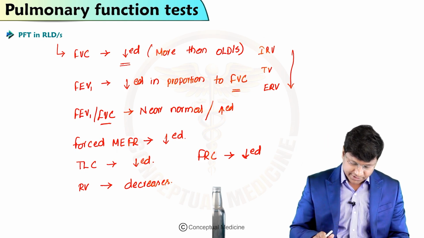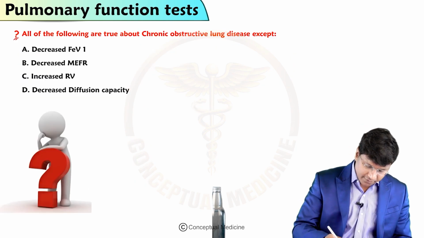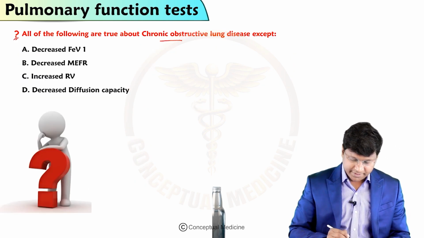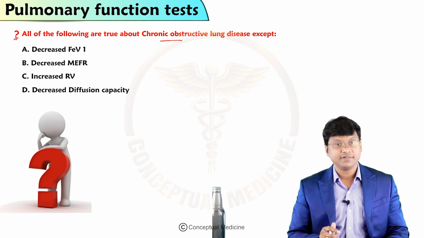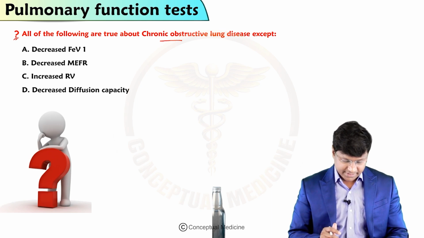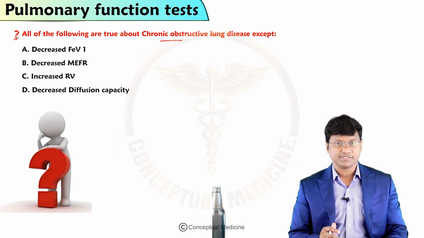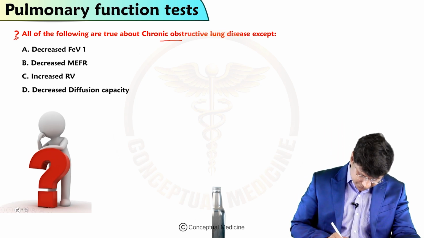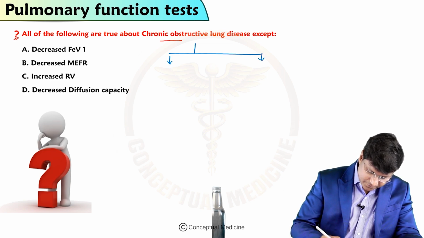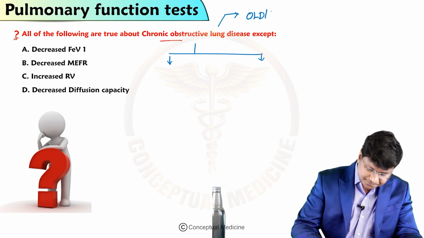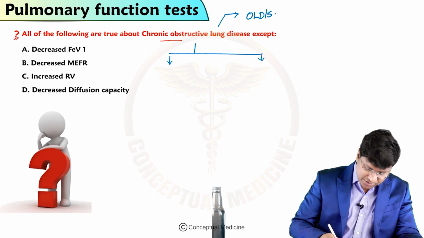Now, if you see a question here: all of the following are true about chronic obstructive lung disease except decreased FEV1, decreased mid-expiratory flow rate, increased residual volume, decreased diffusion capacity. Now, chronic obstructive lung disease has two important subtypes. First of all, it is an obstructive lung disease, and it has two subtypes.